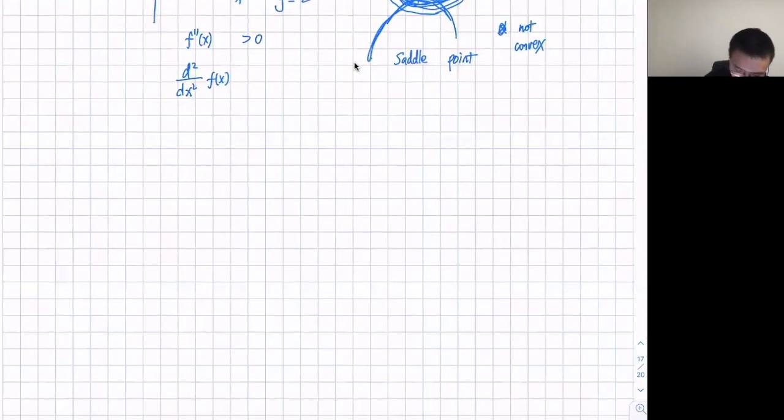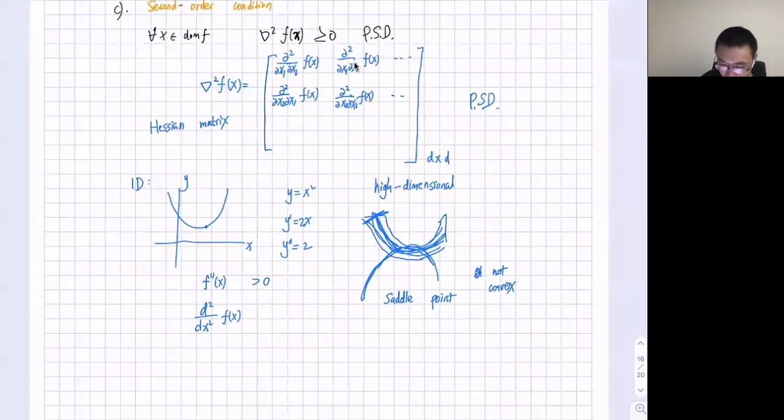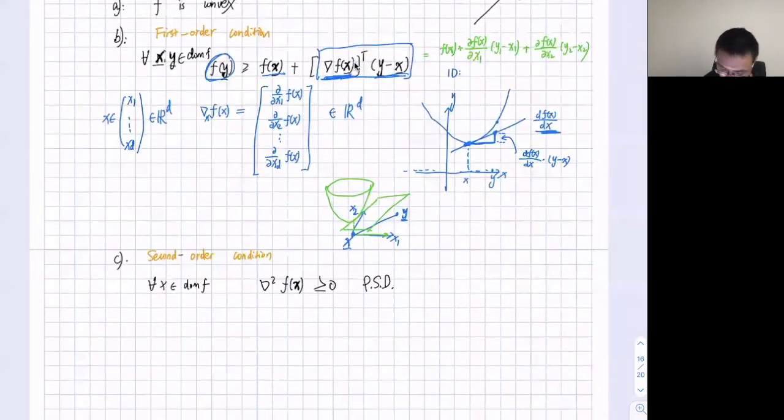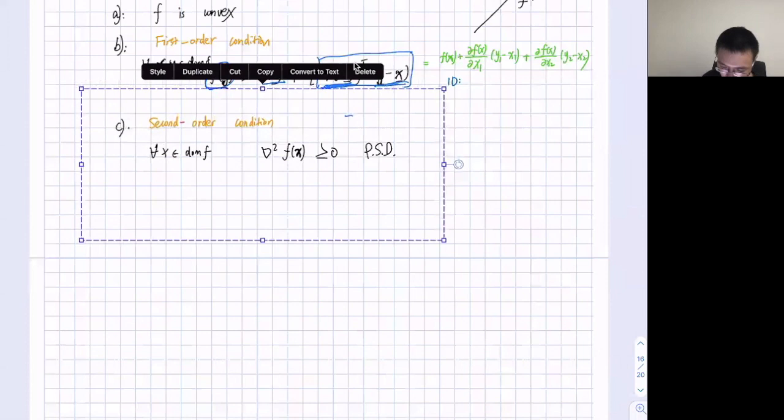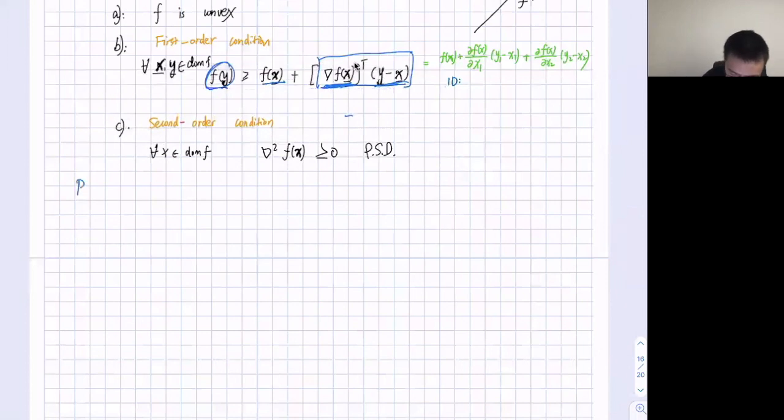Proof. I guess I can clear something here. Okay, proof. I'm going to prove B to A and C to B in the one-dimensional case. For the remaining proof, you can complete it yourself, or you can read some references.